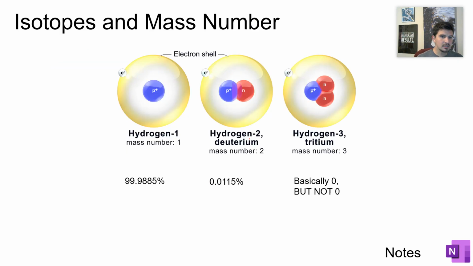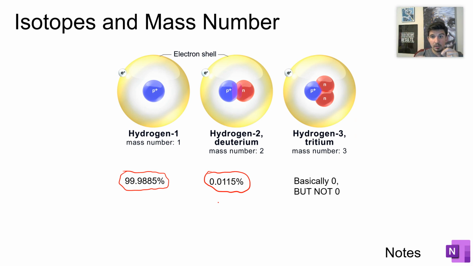And so when we're talking about hydrogen, it turns out that if you were to take a jar and fill it with hydrogen, 99.9885% of that would be hydrogen 1, no neutrons. But 0.0115% of it, so less than 1%, okay? That's hydrogen 2.